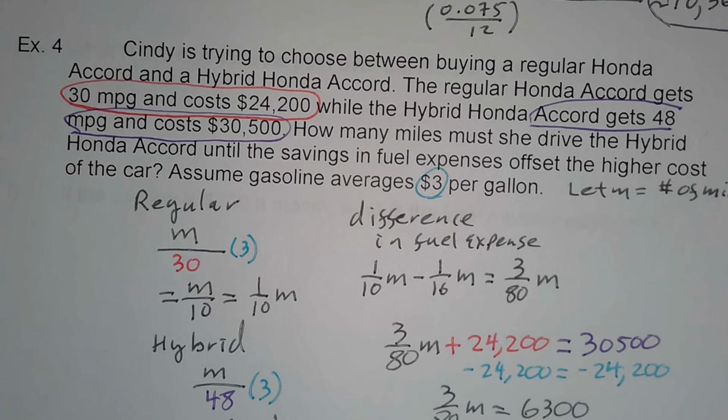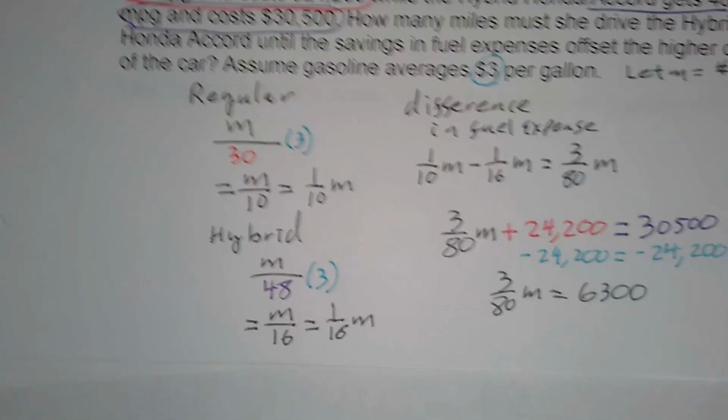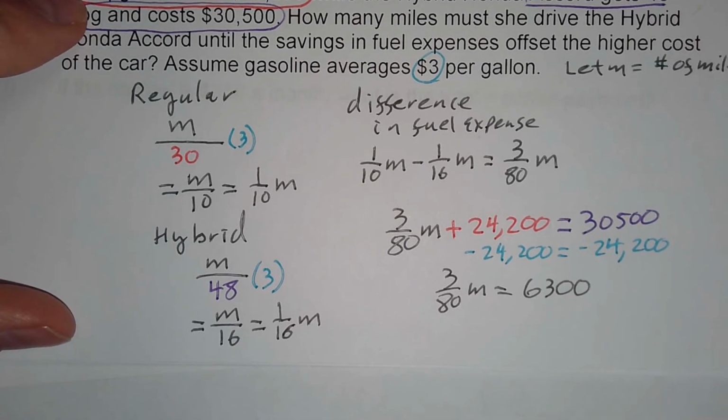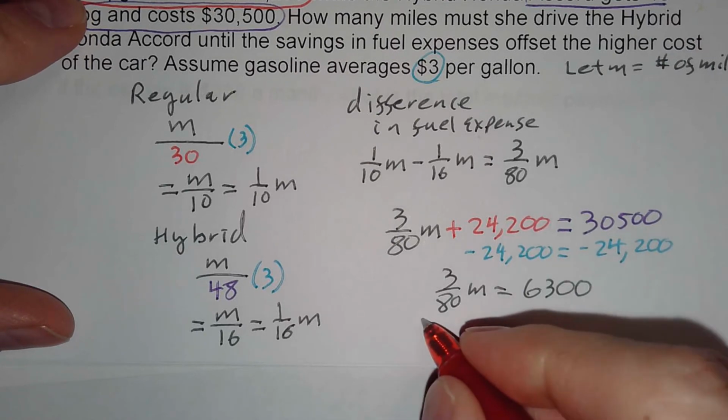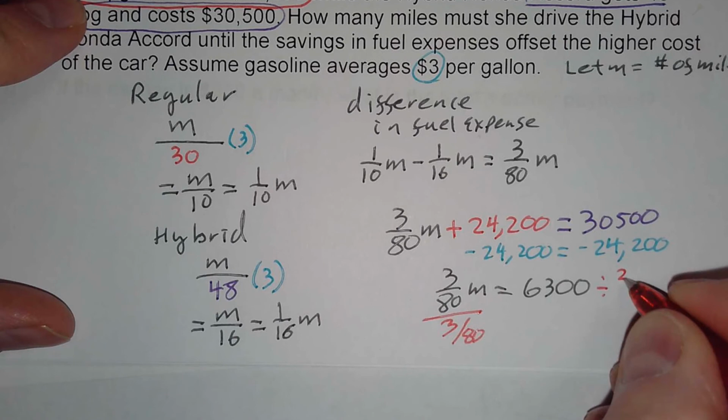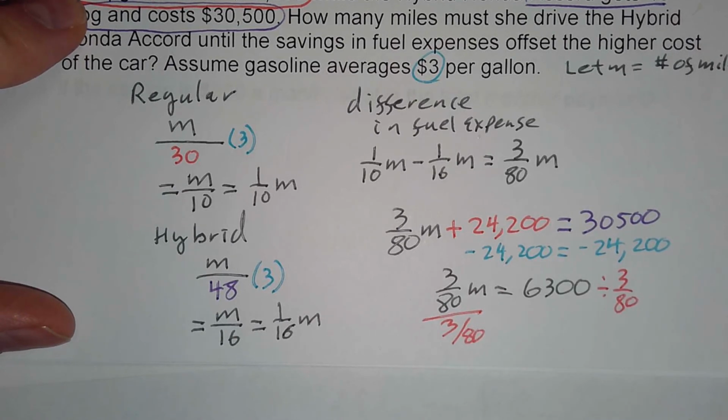And then either divide both sides by 3 over 80 or multiply both sides by the reciprocal. Either way you want to do that. And just go ahead and do that on your calculator.